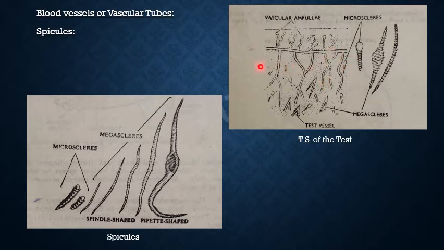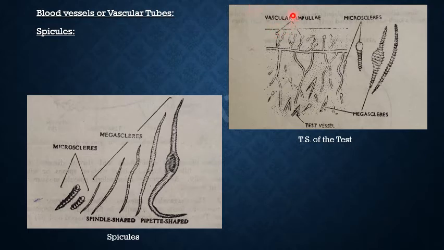And these vascular tubes, when we cut the TS of the test, this is the surface of the test and this is towards the body. The surface of the test, as you see, has many vascular ampullae. These rounded knob-like structures are the vascular ampullae.